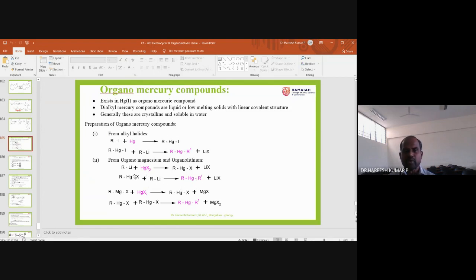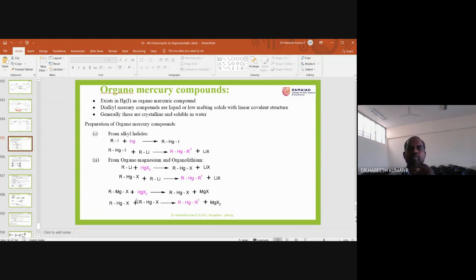So this is the intermediate and this is the product. That means dialkyl mercury is also obtained by the reaction of organolithium. Otherwise, we can say that two molecules of organolithium on reaction with mercuric halide give dialkyl mercury.